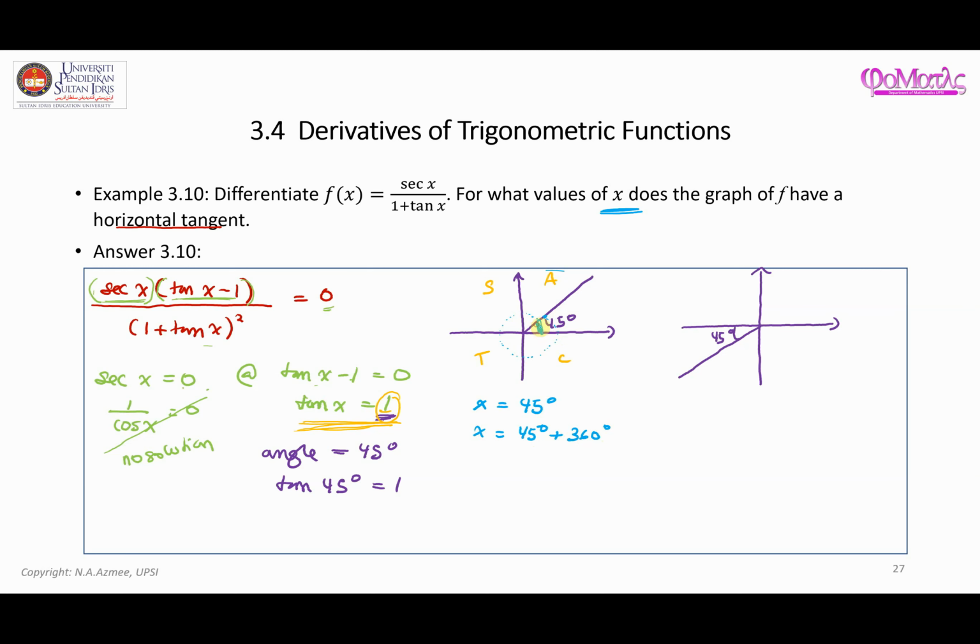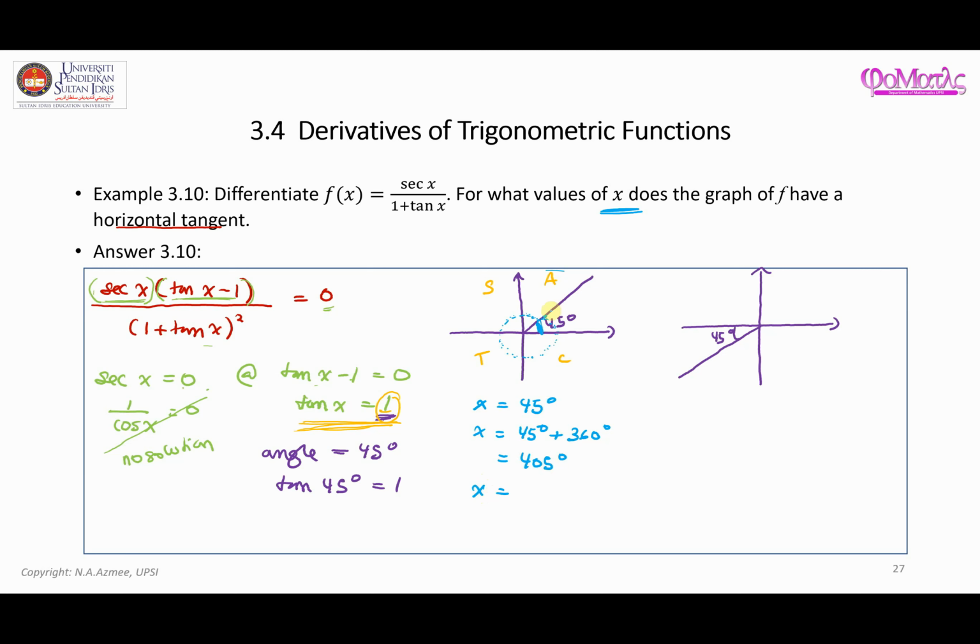If this is 45 degrees and you go for a round of 360 degrees, the angle is going to be equal to 405 degrees. And tangent of 405 degrees is also going to be positive 1. And this can go on continuously.